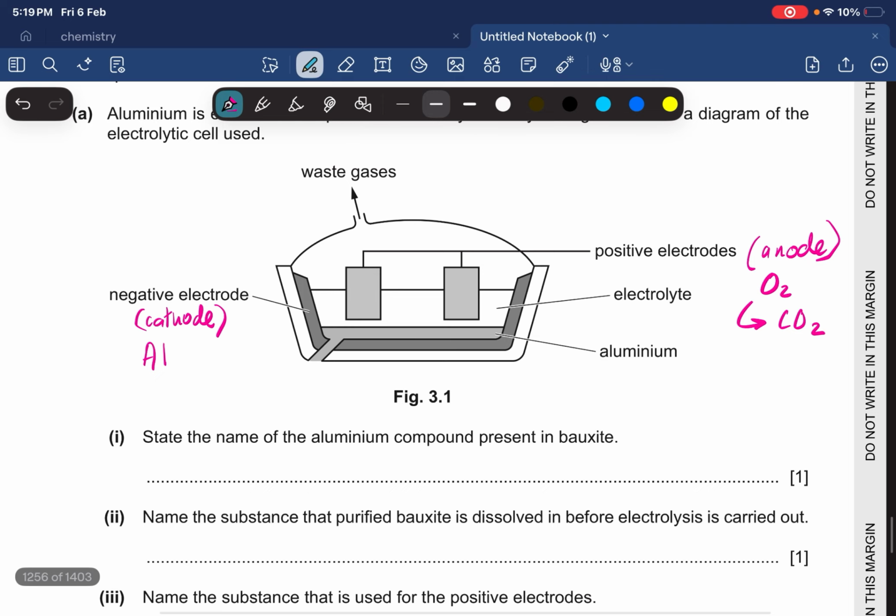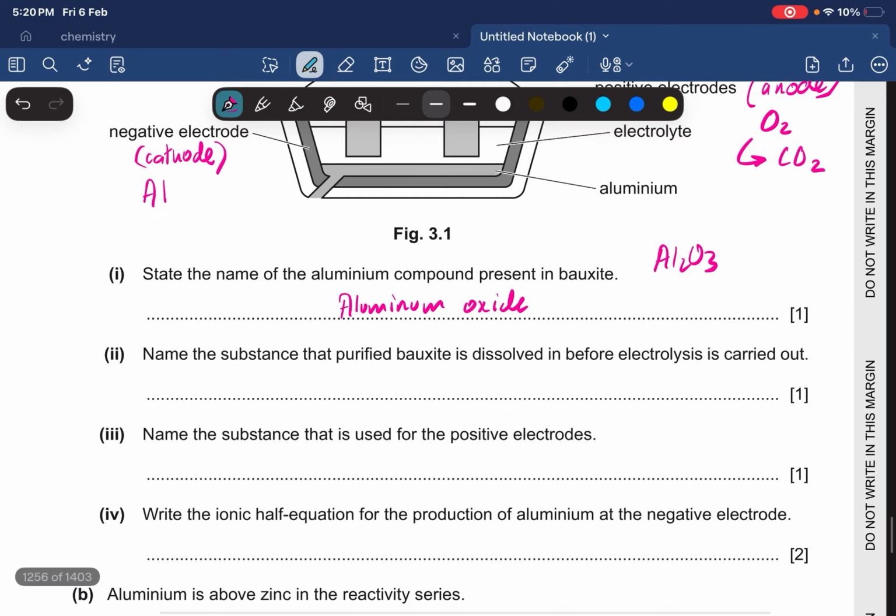State the name of the aluminum compound present in bauxite. Aluminum oxide, Al2O3, is present in bauxite. Name the substance that purified bauxite is dissolved in before electrolysis is carried out. Cryolite, to reduce the melting point and the operating temperature.